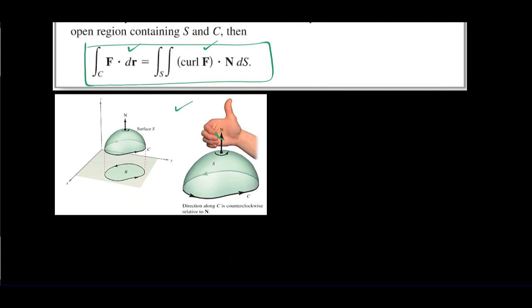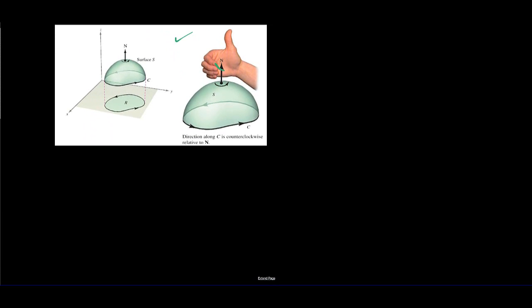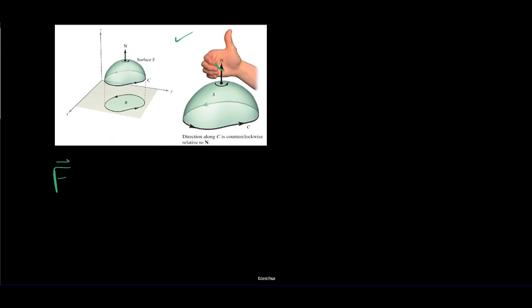Let's try an example. Let's suppose that we have a vector field F of x, y, and z that equals 4xz, y, and 4xy.